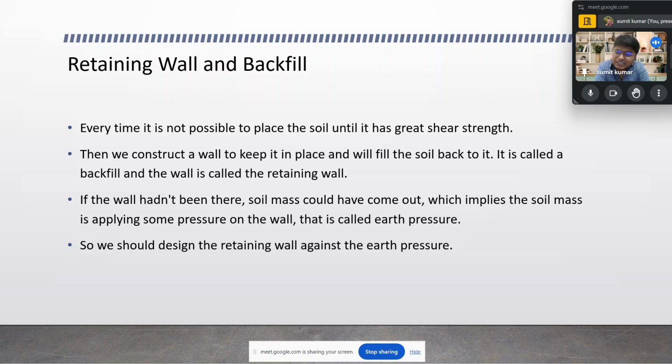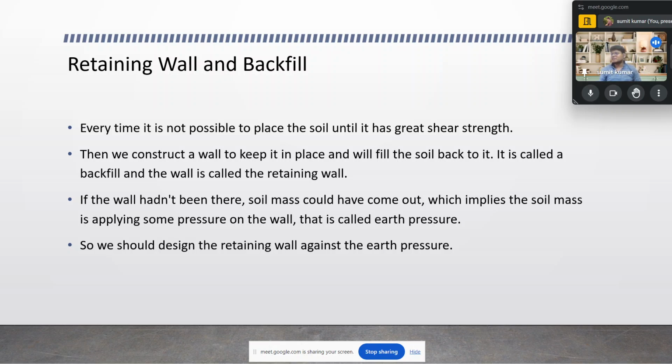Okay, every time it is not possible to place the soil unless it has greater shear strength, so we construct a wall to keep it in place, right? You have seen at several places that when a highway or expressway is constructed, it is at a relatively higher elevation from the normal ground. Why? Because we want high speed transport there.